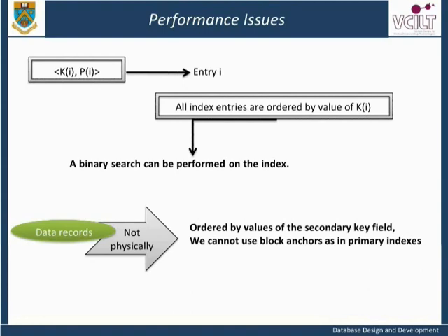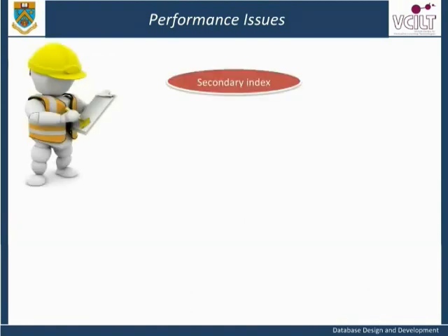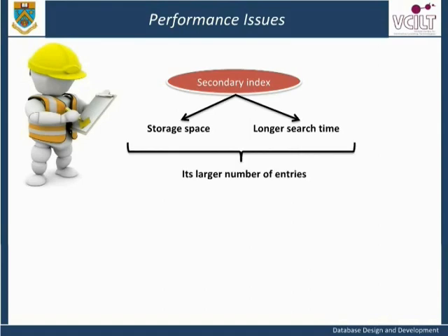Once the appropriate block is transferred to main memory, a further search for the desired record within that block can be carried out. A secondary index usually needs more storage space and longer search time than does a primary index, because of its larger number of entries.